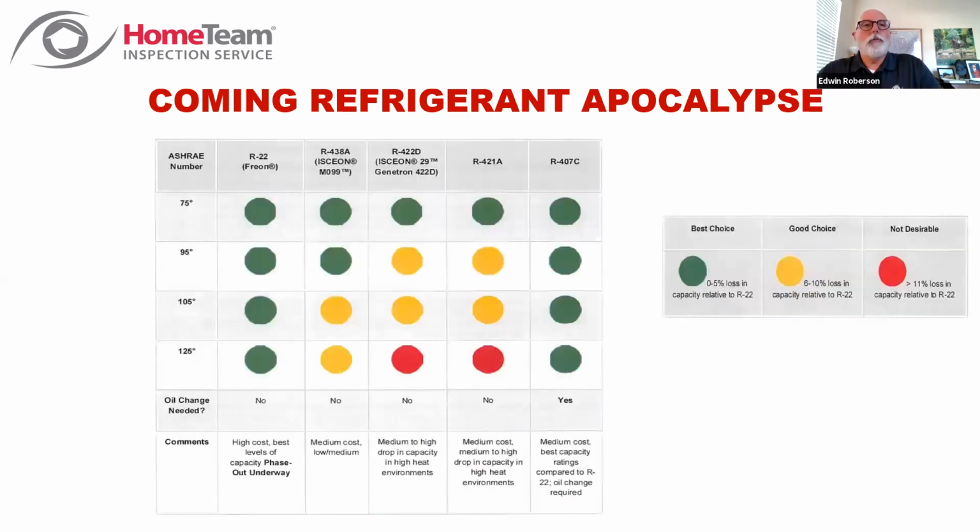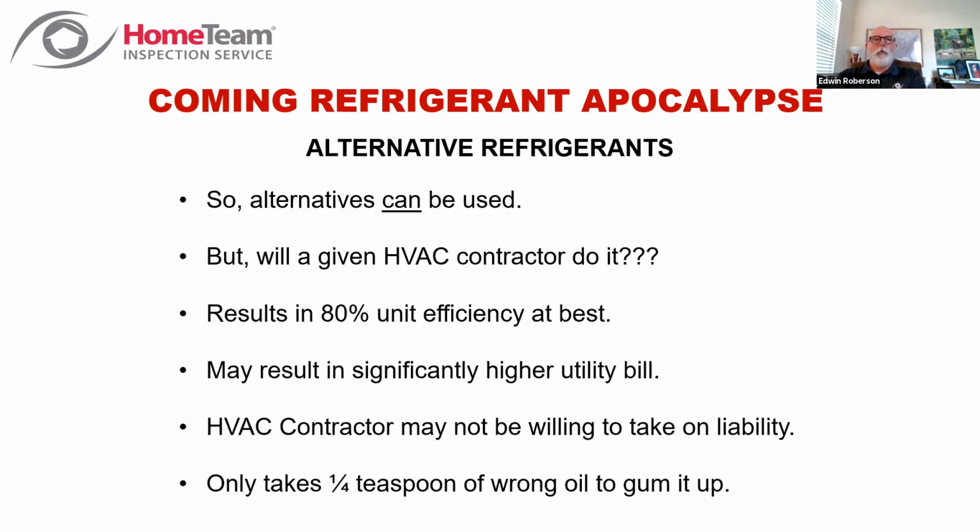So if we look over here at this R407C on the right, that is the alternative that performs most like R22, but you'll see at the bottom, it does need an oil change. And then you get into what we're talking about in the real world.